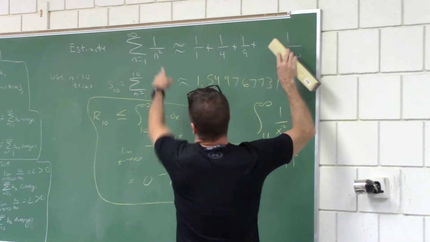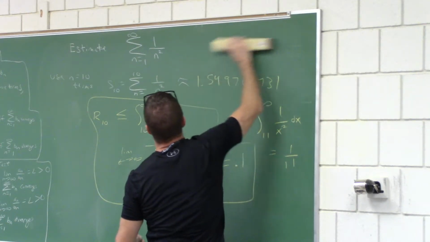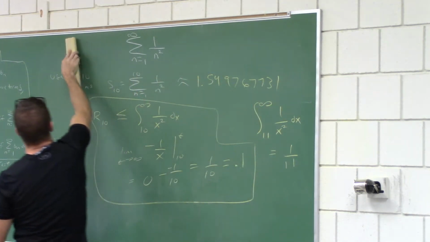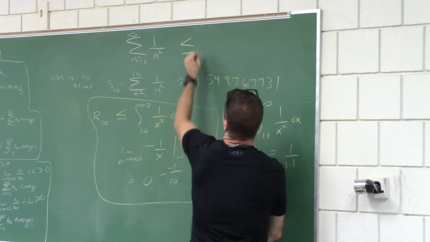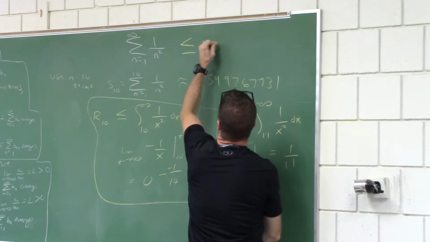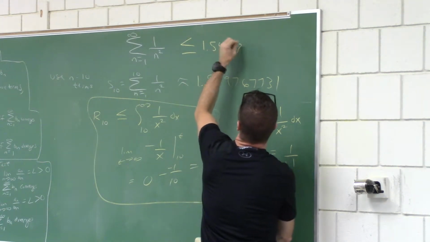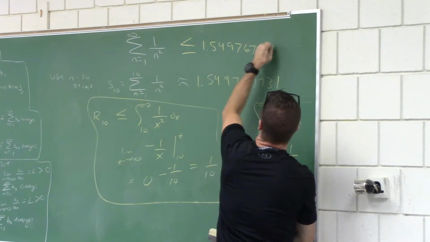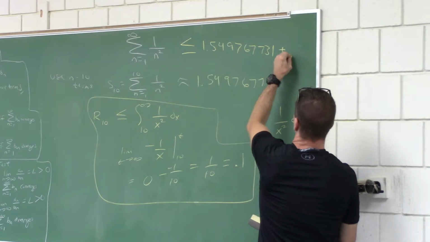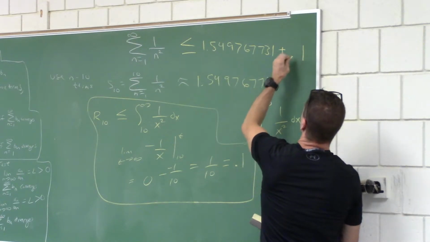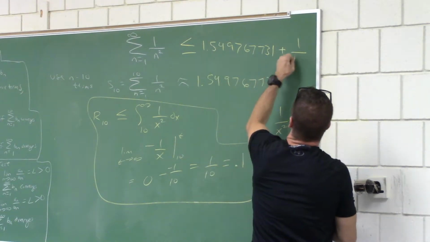So this is what we're saying. I'm saying that this sum right here is going to be between, right? I know it's less than 1.45497677731 plus, what was that upper bound? It was 0.1.